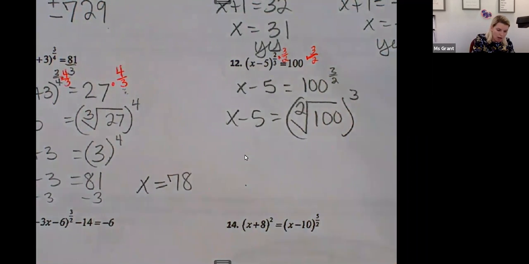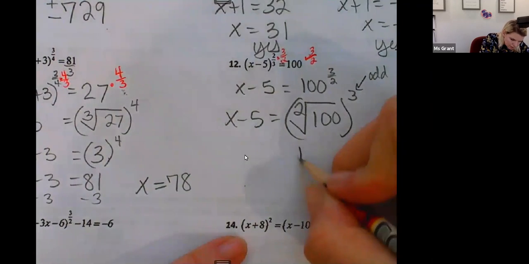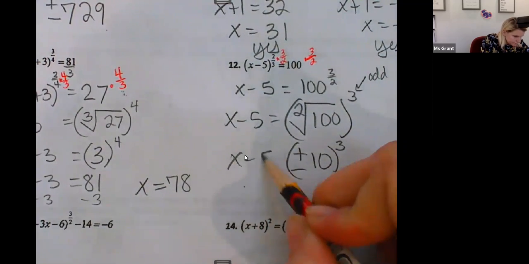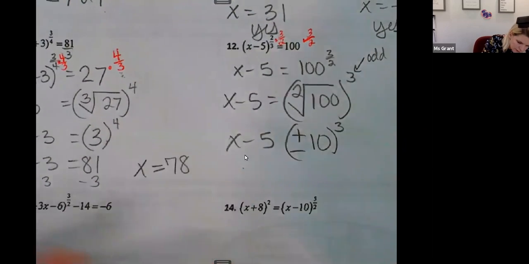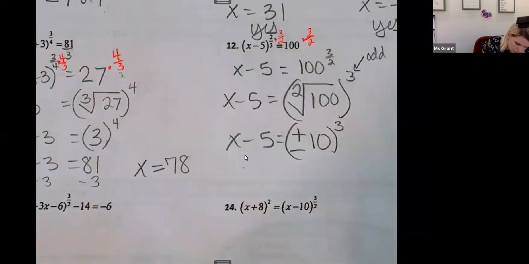This is an odd power, plus or minus 10 to the 3rd. So plus version, x minus 5 equals positive.